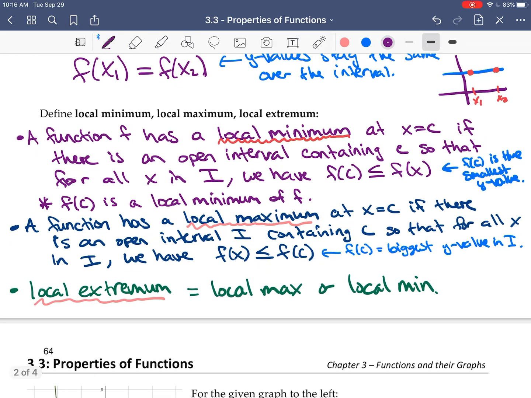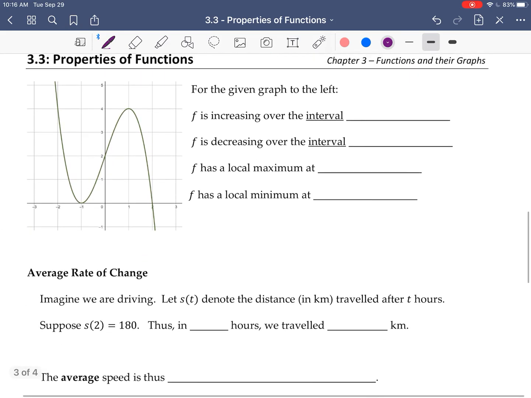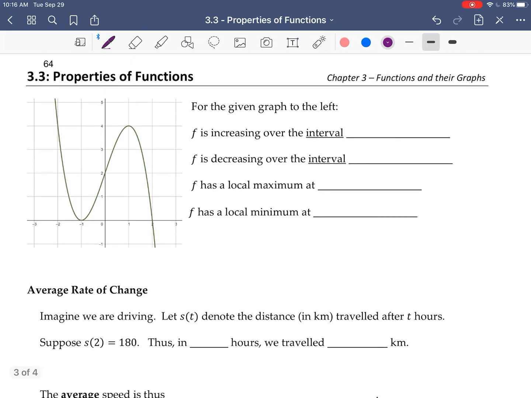Okay, let's look at an example because this might make it a bit more clear. So here's a graph of a function. Where would it be increasing? If you want to tell where it's increasing or decreasing, you always want to look to the right. If it's increasing, it should be going up to the right.